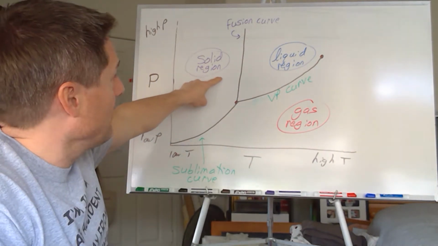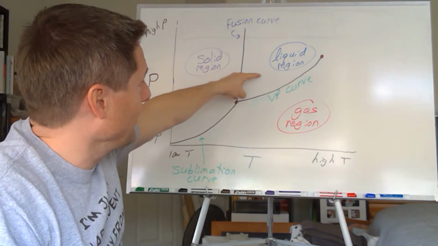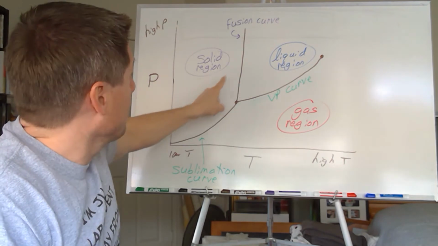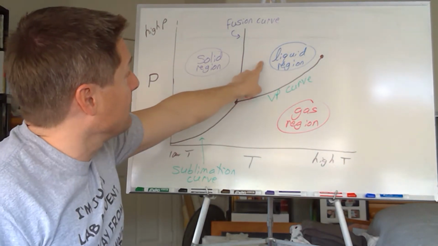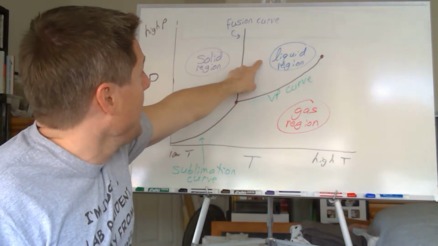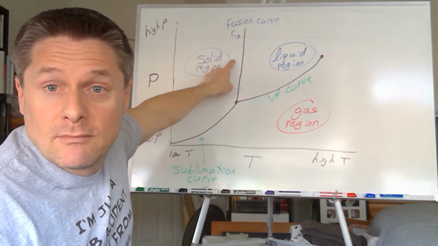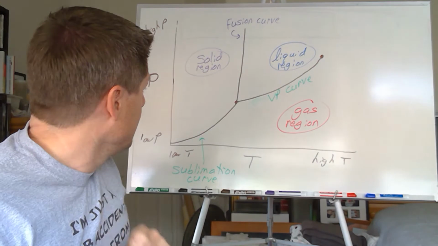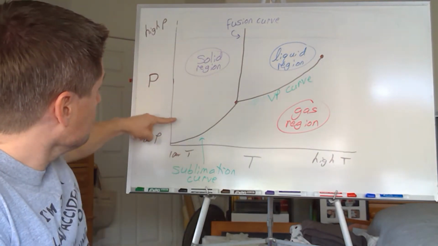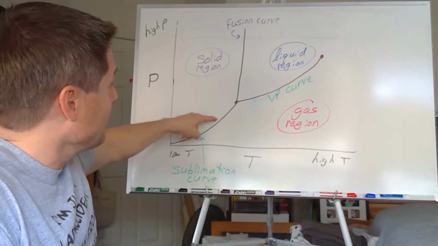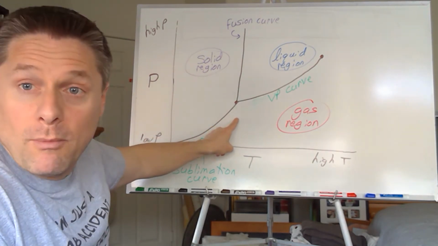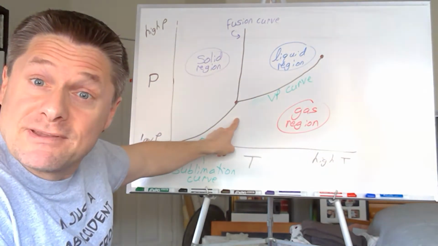So if I'm starting here at some pressure and I go across that line, increasing the temperature, it melts, right? Goes from a solid to a liquid. Or vice versa, if I'm at some pressure on the liquid and I cool it, it solidifies, right? It freezes. Same thing here. If I'm at some pressure here and I'm in the solid region and I go across at that pressure, boom, at higher temperature, it sublimes, it doesn't melt.